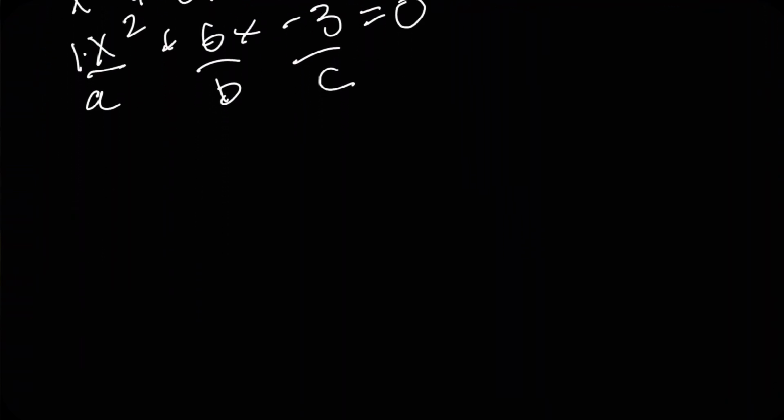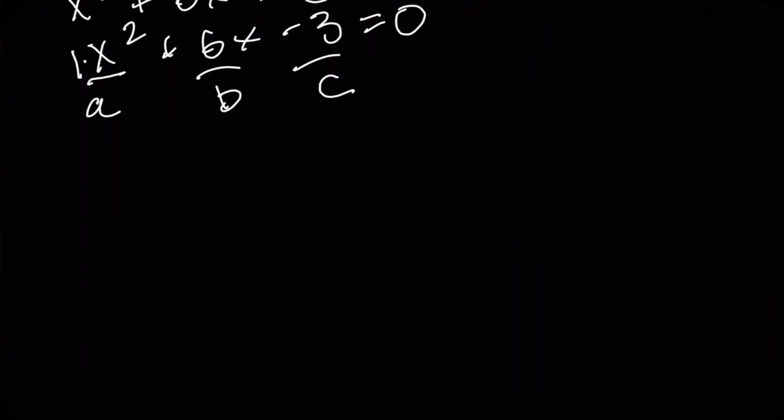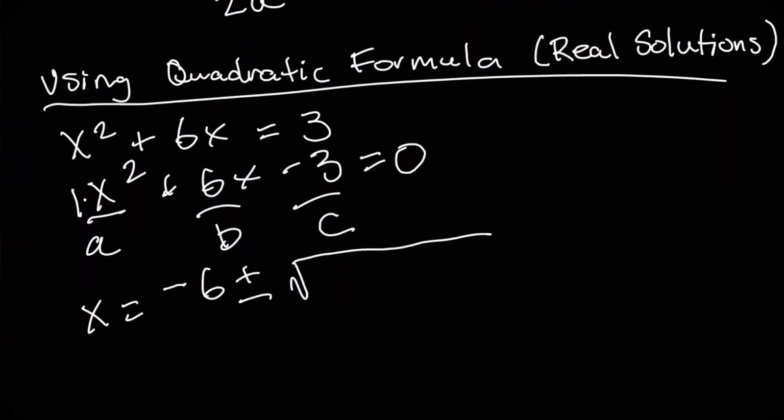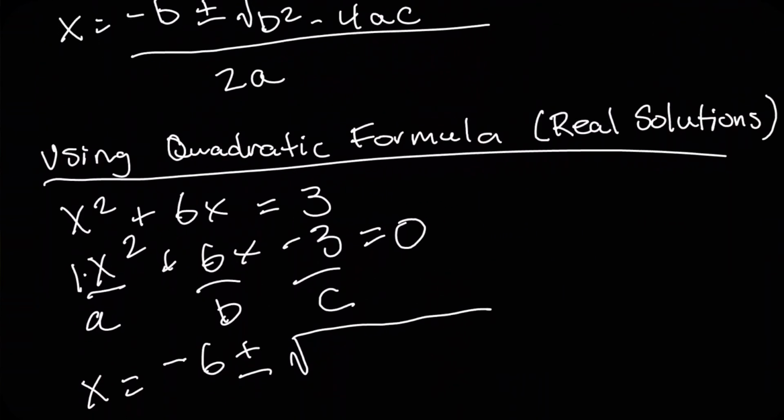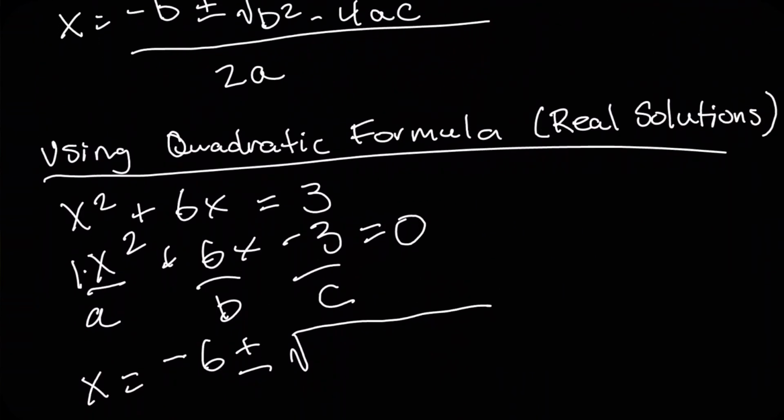So let's go ahead and plug this into our equation. We have x is equal to, and we have negative b, so we have our b is 6, so negative 6 plus or minus the square root of b squared, which will be 6 squared.